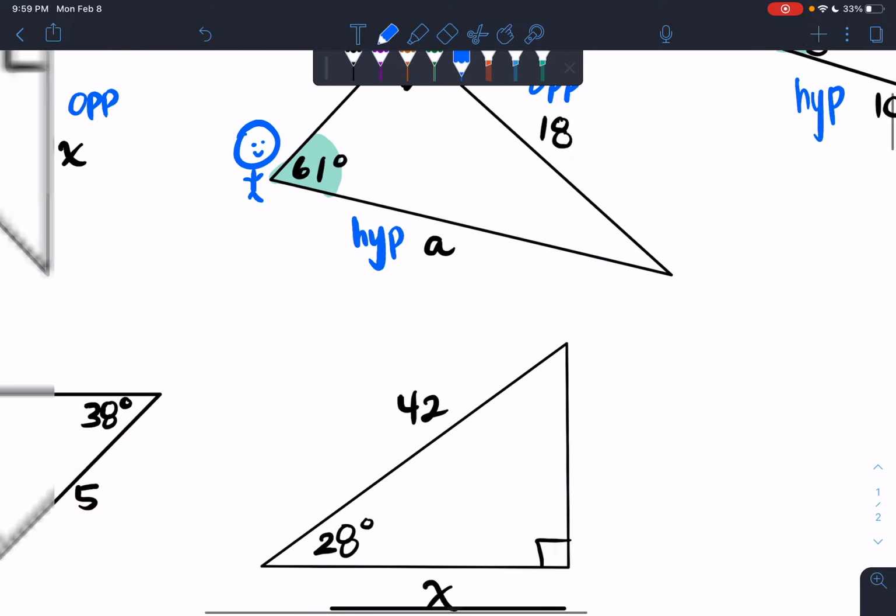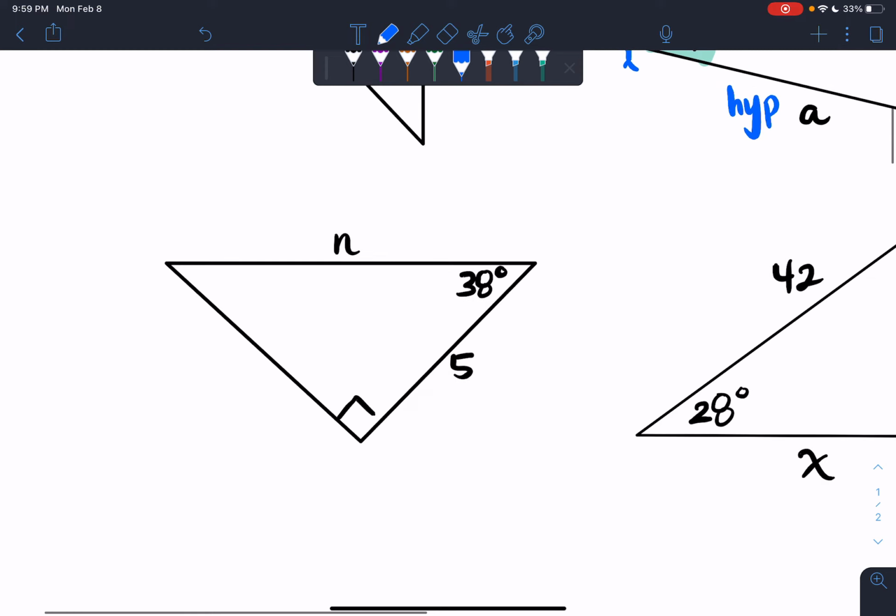All right, let's do a couple more. So here we have 38 as our reference angle. That is where we are standing. And we're trying to figure out, of course, which sides are given. N and 5 are given.